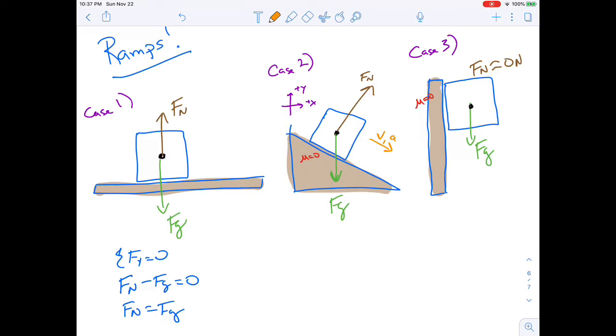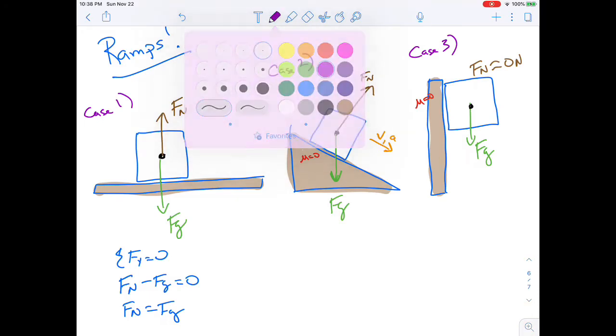When this happens, what we like to do in physics is not use a normal coordinate system. We like to make a coordinate system that matches the motion of the object.